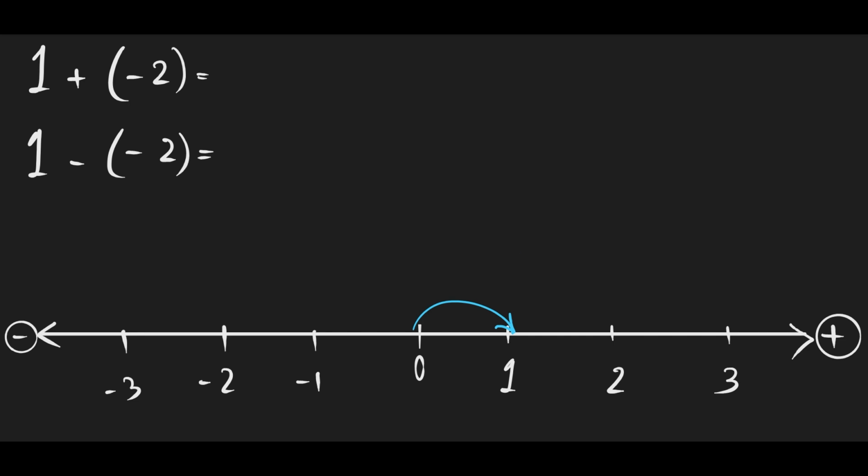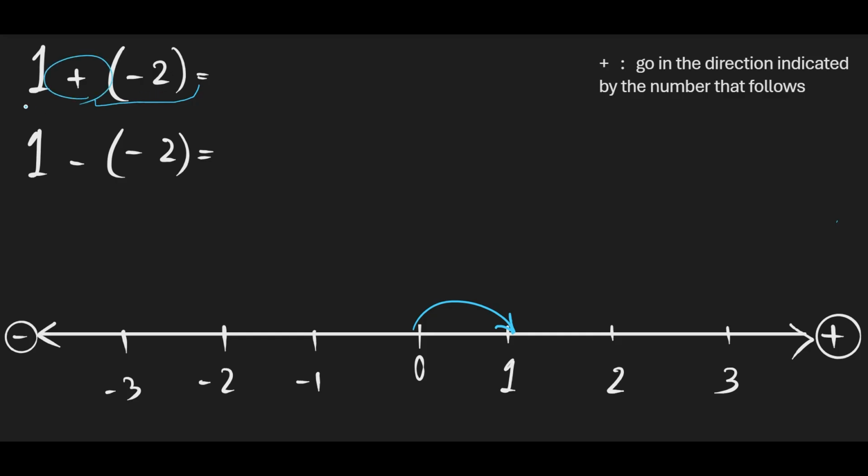1 plus -2. Well, this plus sign here basically tells us go in the direction indicated by the number that follows. So the fact that this is a negative number tells us to move to the left. So this plus sign says yes, move to the left, so -2. We're moving to the left from the point we were.